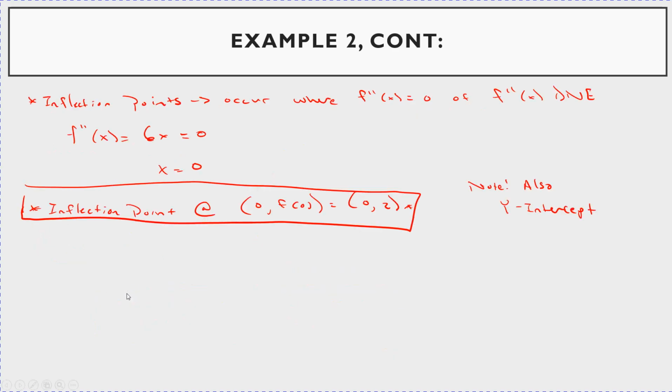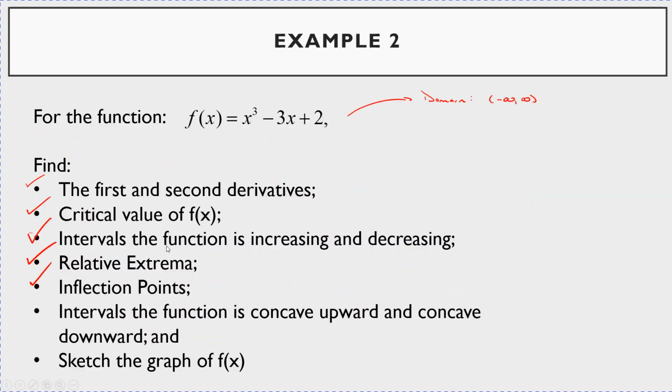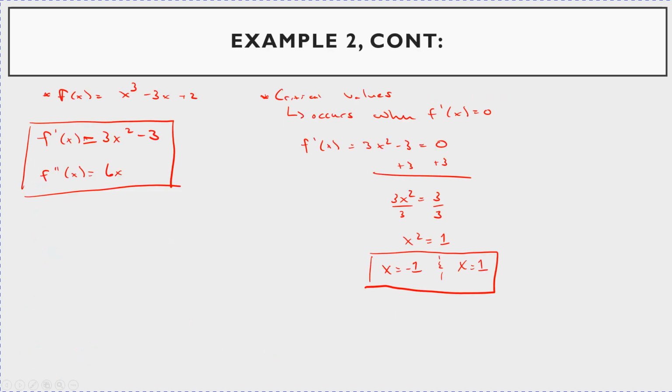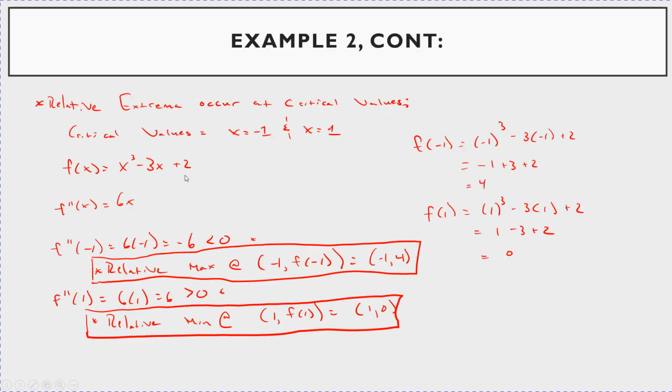All right, so look, going back, we've done a lot of work on this. You can tell these problems take a while. Okay, so what you're going to do now, this is the hard part: you're going to sketch the graph. Here's what I do first. I'm going to plot the points that we have found. I have a relative max at negative 1, 4, and a relative min at 1, 0.